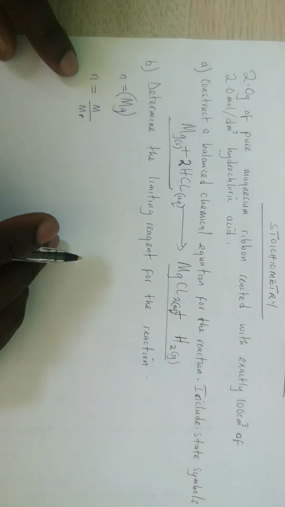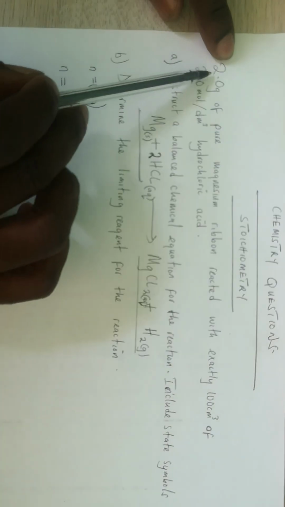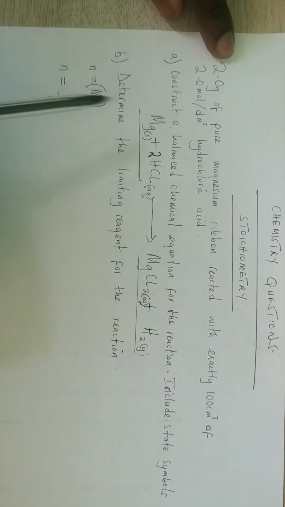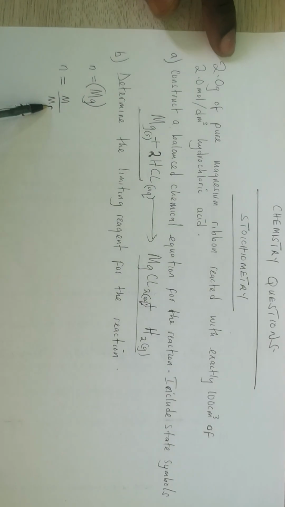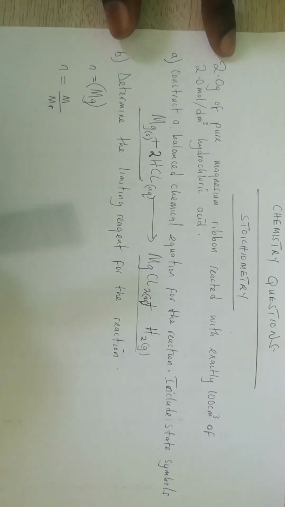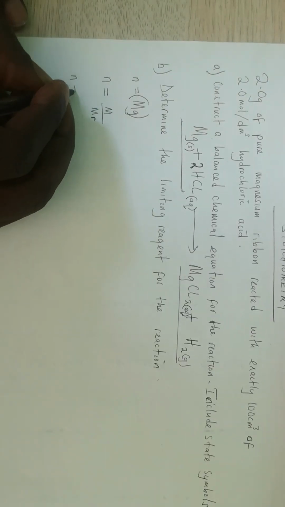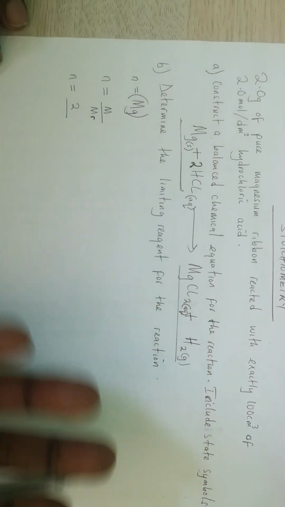The reason why I've picked this formula is because from the question I can see that we have been given 2 grams of magnesium ribbon, and this is a mass. We have been given a mass, and we can find the relative molecular mass. So since we have this information, that's why I've picked this equation. So number of moles is equal to, we substitute, we have 2 there, which is 2.0, it's the same thing.